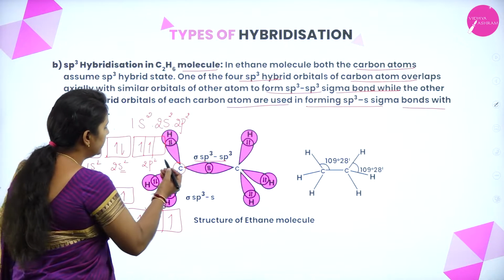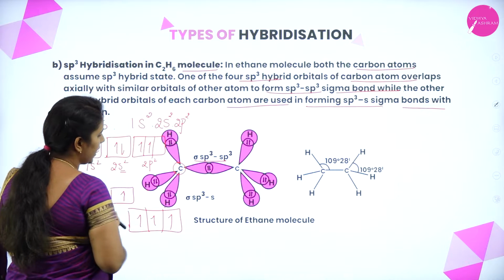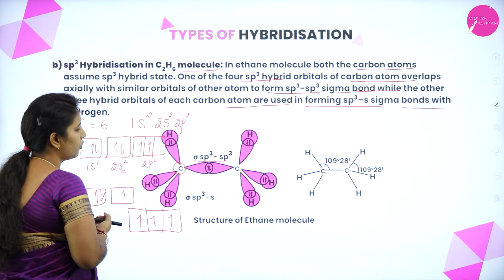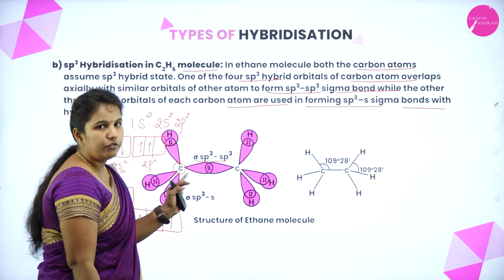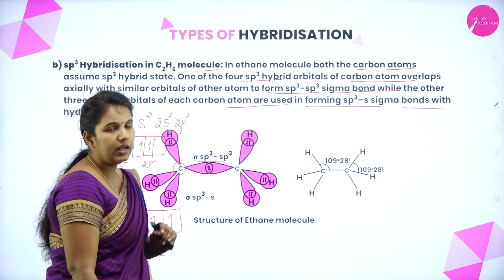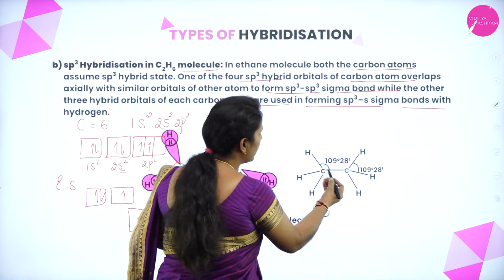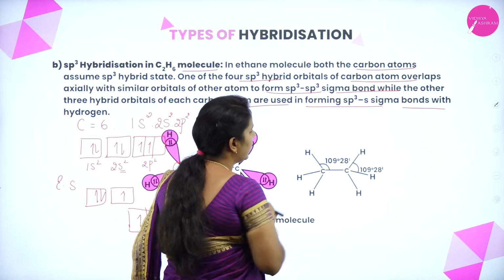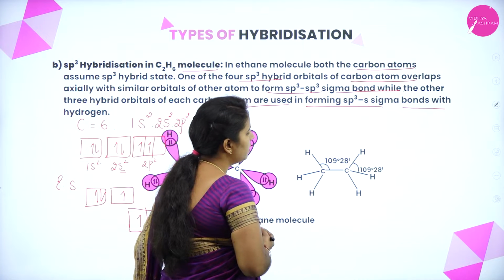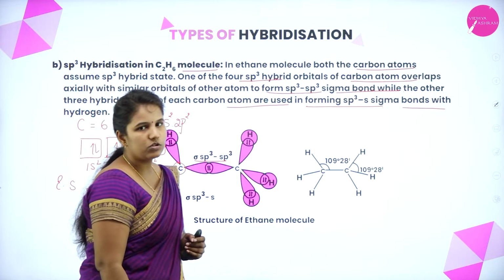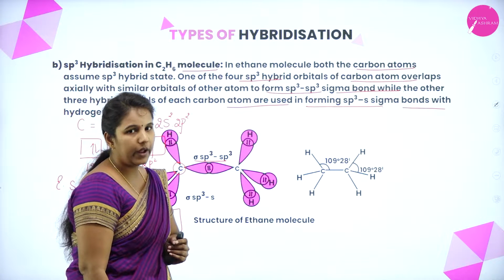You can see that this is the first carbon atom and this is the second carbon atom. It will share its 1 electron with a hydrogen atom, forming the ethane molecule, and the structure will be like this. Between the 2 carbon atoms, you can see that the bond angle is around 109.28 degrees, and between the hydrogen atoms also it is 109.28 degrees.